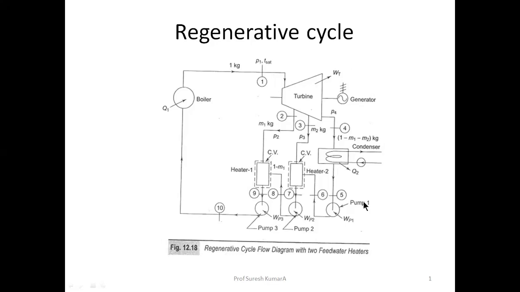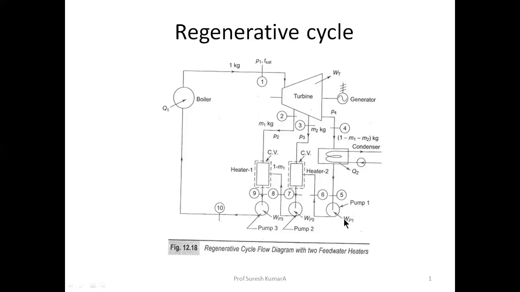Here the mass handled by the condenser is less because M1 and M2 kg have gone to the feed water heaters. So after that, there is a pump 1 which pumps the fluid from 5 to 6. It carries a mass of 1 minus M1 minus M2 kg. You need to note what is the mass pump 1 is handling.